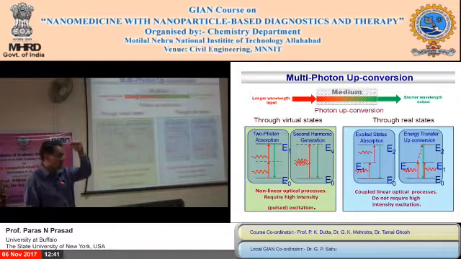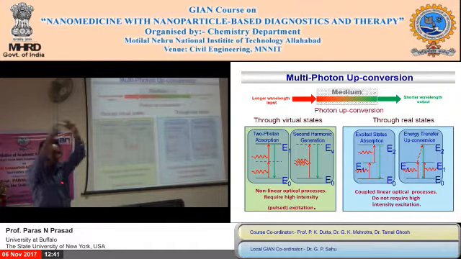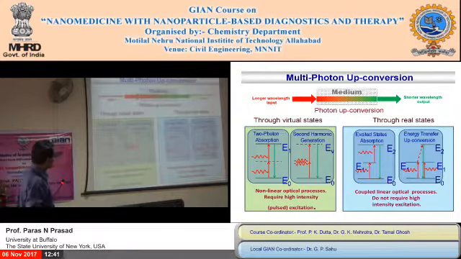Rare earth ions have s, p, d, f orbitals. There are lots of f levels, and f to f transitions. Many f to f transitions are low level, so you can take one photon to go to the first level, and then another photon from there to another level. And you can climb up like a ladder. So there is a step here. Here there is no step.